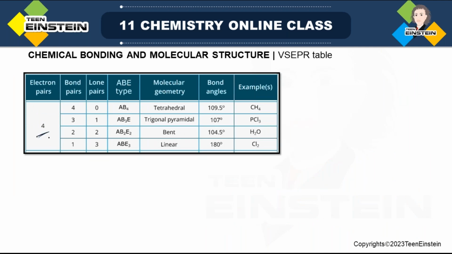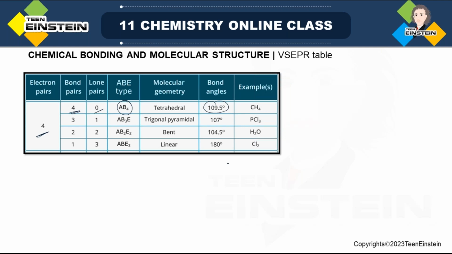Next is electron pairs, total 4. Now under these, 4 possibilities are there. The first possibility is AB4, where in all positions there is some bond pair and there is no lone pair, it is 0. The corresponding geometry is tetrahedral, angle is 109.5 degrees. Very good example, CH4.